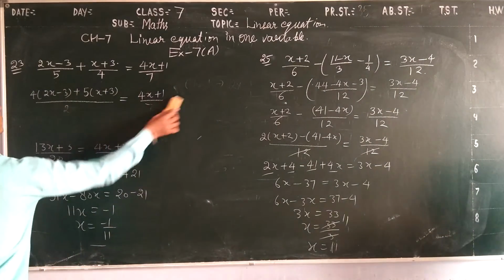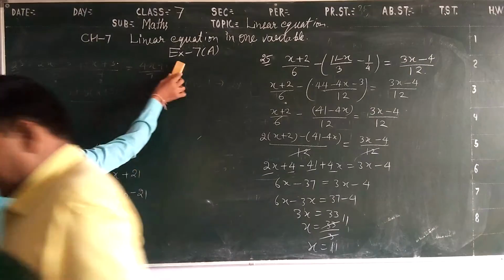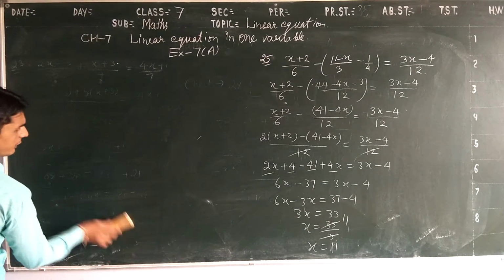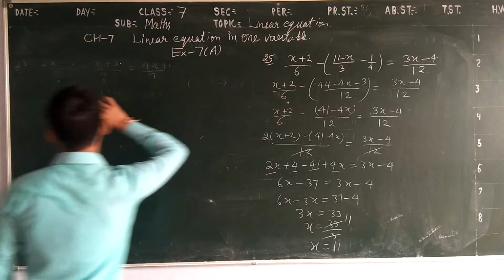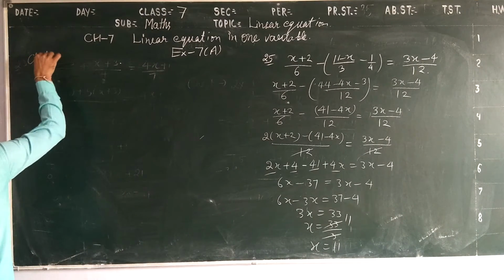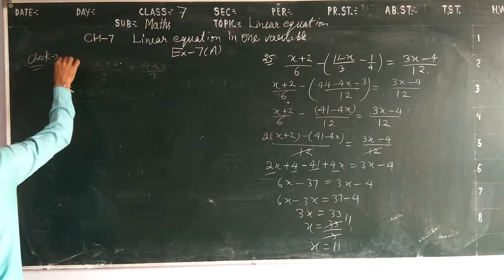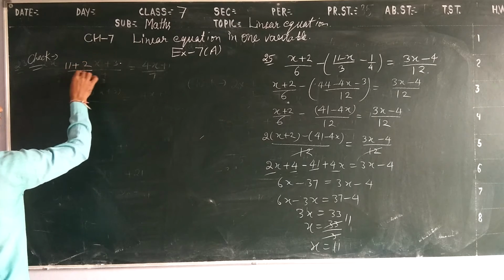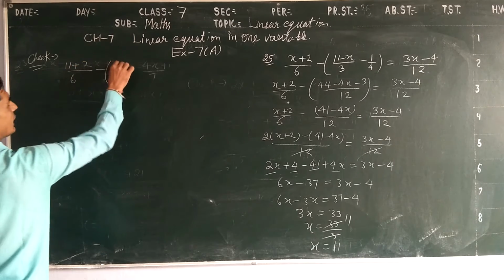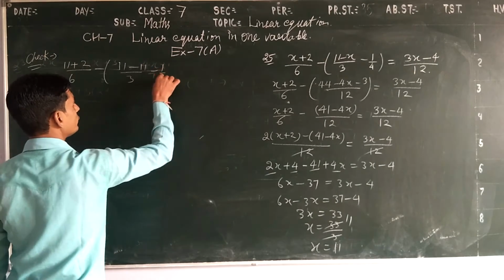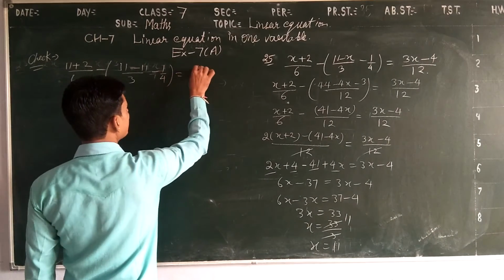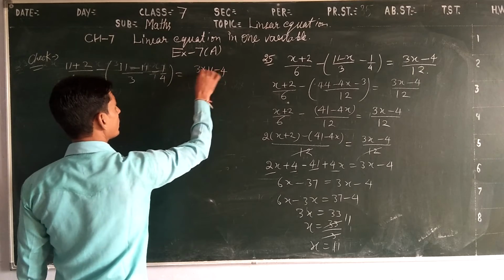So put this value in the given equation. The equation is, you know very well, put here and check. So 11 plus 2 upon 6 minus 11 minus 11 upon 3 minus 1 upon 4 equals 3 multiply 11 minus 4 upon 12.